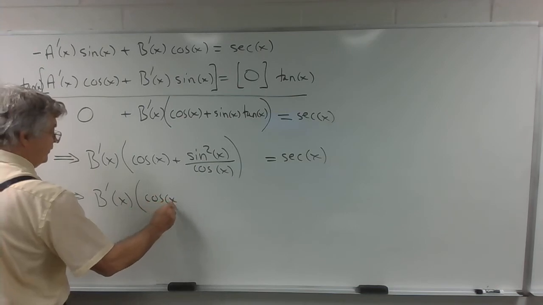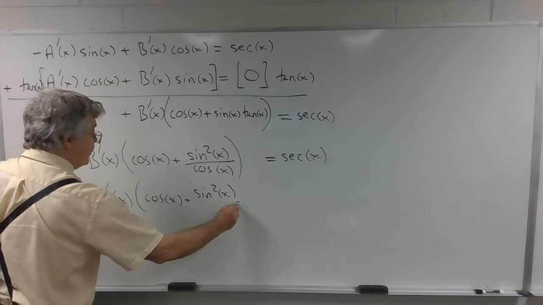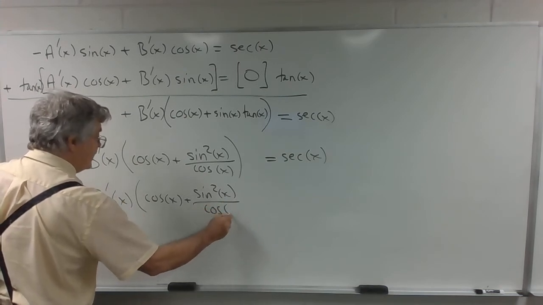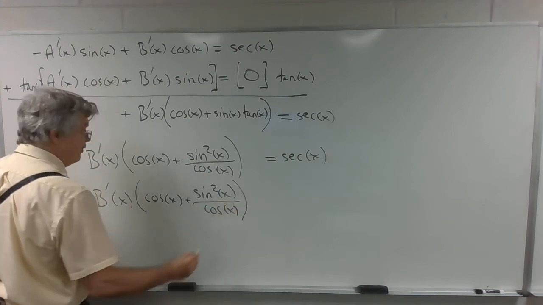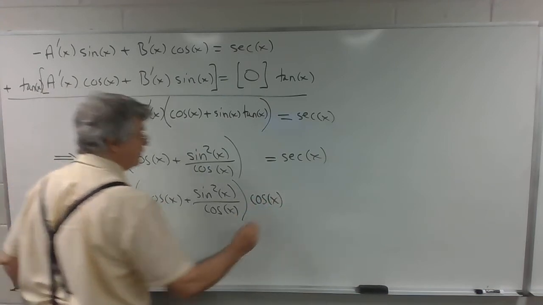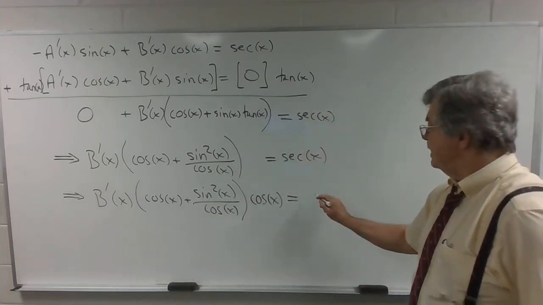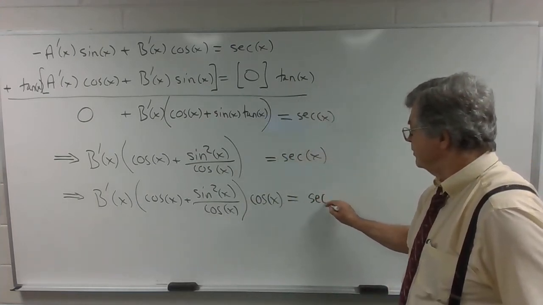Cosine of x plus sine squared x over cosine of x, that whole thing times cosine of x. And now we've got to multiply this side by cosine of x.